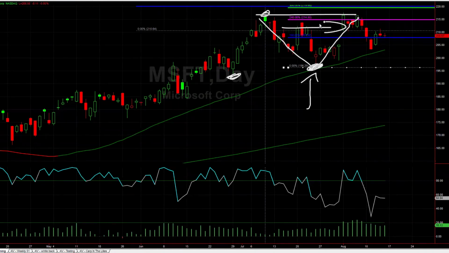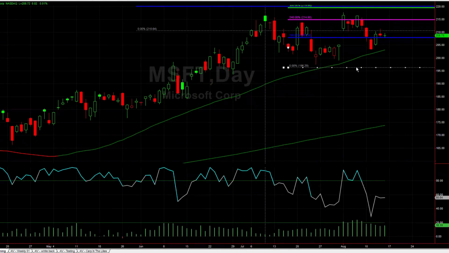In this case, because that 100% projection, because we've got this deeper retracement, is taking me to the retest of the high, I can add in a second target, so that if it goes past the highs, then I'll get a second target. So let me just add that on so you can see how it works.